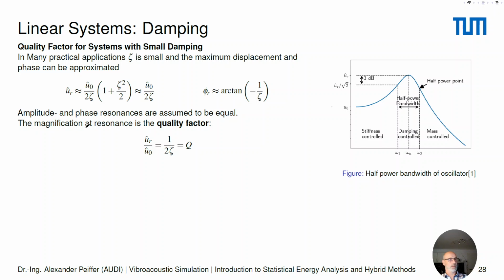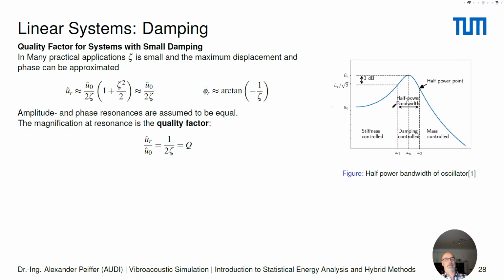So amplitude and phase, that means that the amplitude and the phase resonance are now occurring at the same time. And this magnification factor, so that means the result at the resonance compared to the static displacement, this is what we call the quality factor.